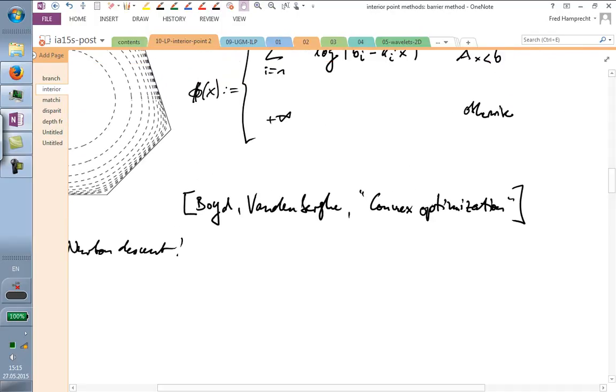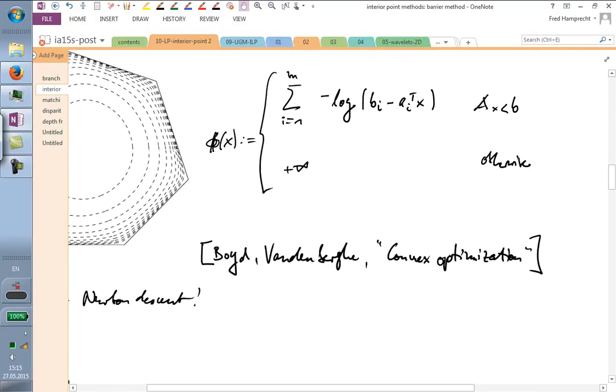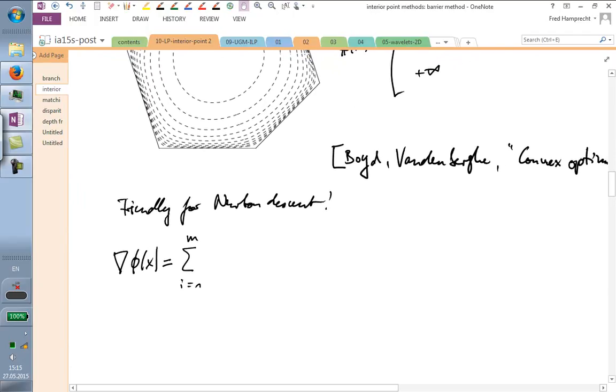So the derivative of the log is 1 over its argument. So minus previously.